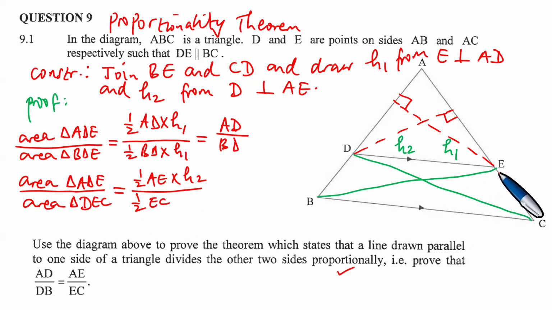Now we are looking at this triangle DEC, so half EC times the height of this particular triangle, and the height is H2. Obviously, half cancels half, H2 cancels H2. This gives us AE over EC. And in the earlier one, half cancelled half, and H1 cancelled H1, giving us AD over BD.